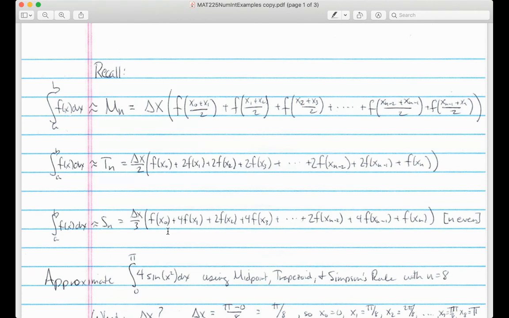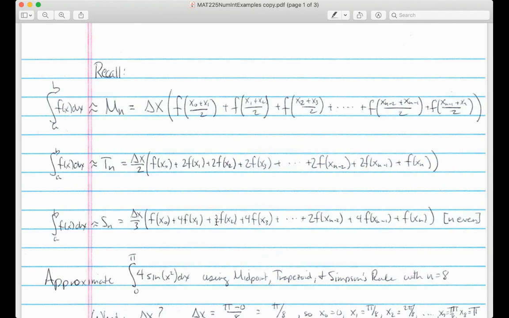We're replacing the curve with parabolic arcs, and it turns out that if you looked at just the points x0, x1, and x2, the area underneath the parabolic curve that passes through (x0, f of x0), (x1, f of x1), (x2, f of x2) is 1/3 times the width of the interval times f of x0 plus 4 times f of the middle endpoint plus f of the right endpoint.